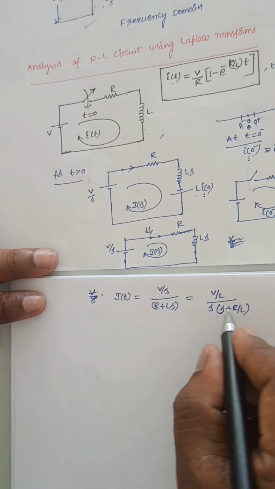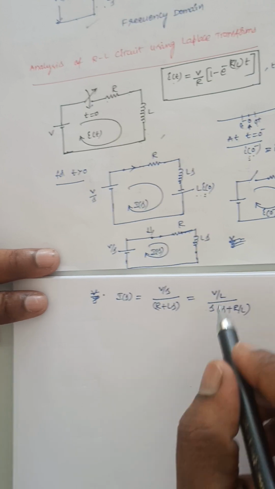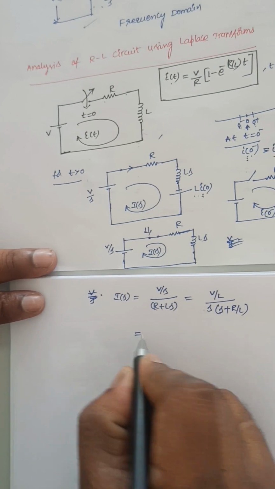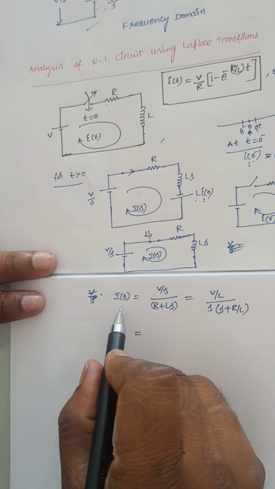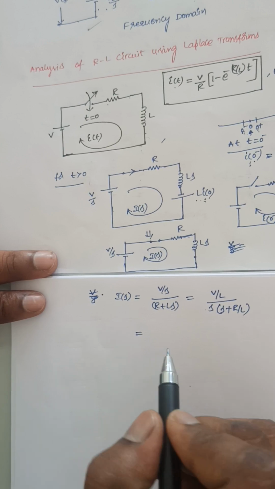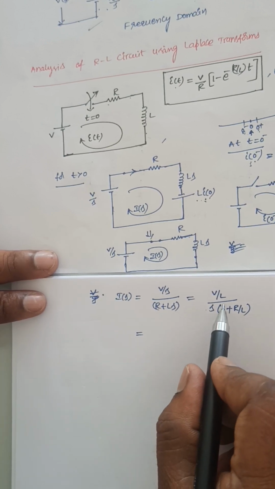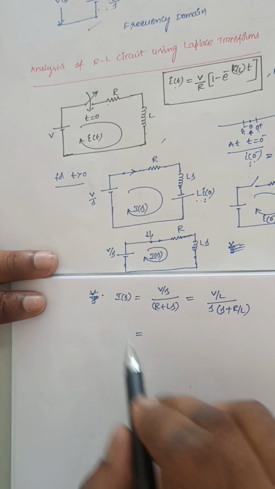Now I need to find I of t here, so I need to apply the inverse Laplace transform for this expression. So I need to use partial fractions here to apply the inverse Laplace transform to find this I of t.